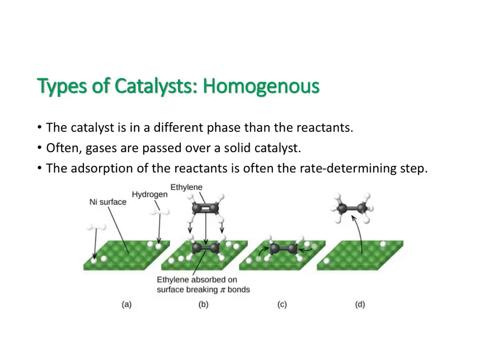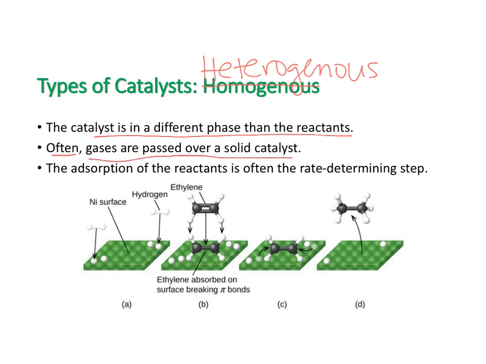So here we have a different type of catalyst, and I realize now that I made a huge mistake. This should say heterogeneous, so I'll fix that on the slides. For a heterogeneous catalyst, the catalyst will be in a different phase than the reactant. Very often with this type of heterogeneous catalyst, you will have gases passed over a solid catalyst.